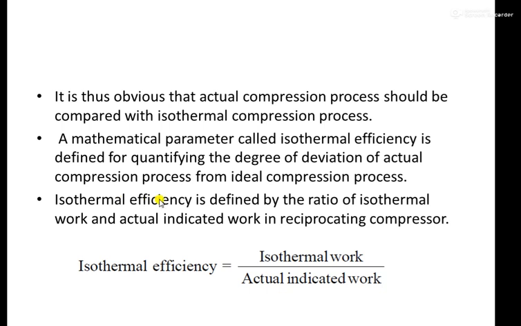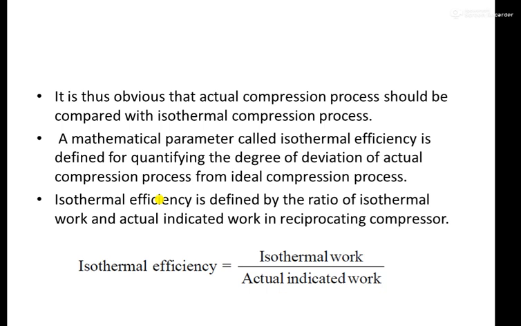the ideal compression process. That is, we have to compare the work requirement for the compression, considering the process to be either polytropic, or we'll be comparing it with the isothermal compression, because isothermal compression will be requiring minimum work input.